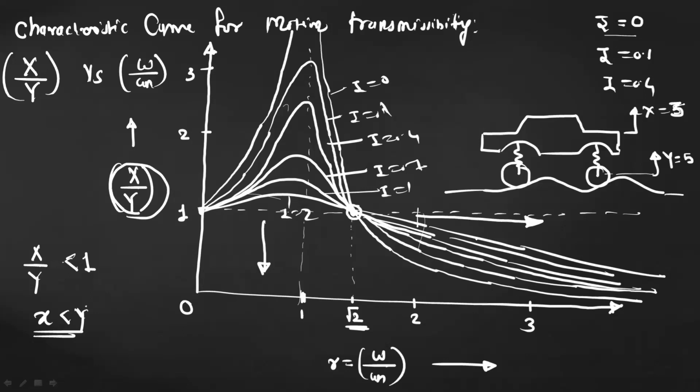Then we can experience a comfortable ride, because in this region the transmissibility is less than 1. If the frequency ratio is less than square root 2, then for all frequencies, irrespective of the damping factor, we get x by y greater than 1. That means the motion transmitted to the chassis is greater than the motion received by the wheel. So this is not the desired condition.